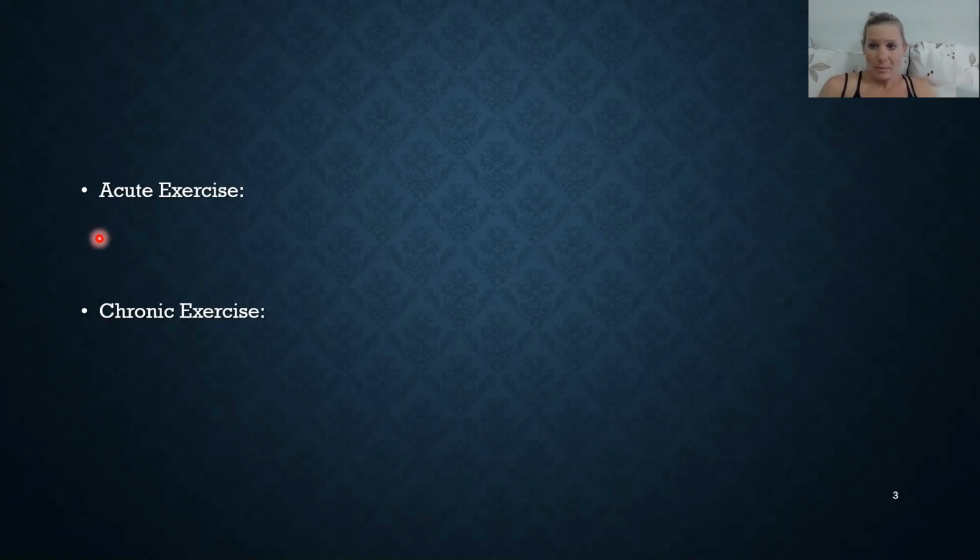So with acute exercise, I'm trying to understand the changes that happen during one single exercise bout, regardless of the type of exercise. With chronic exercise, I'm interested in how my body adapts or changes as I regularly complete a particular type of exercise. The chronic changes associated with aerobic exercise versus resistance training are different, so it'll be interesting to look at those as well.